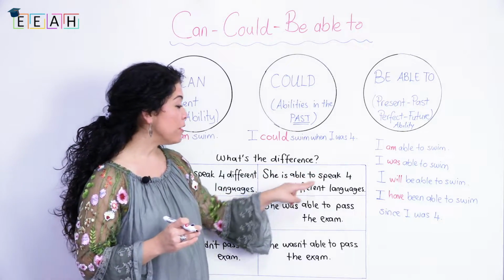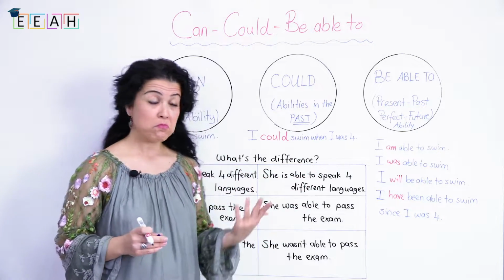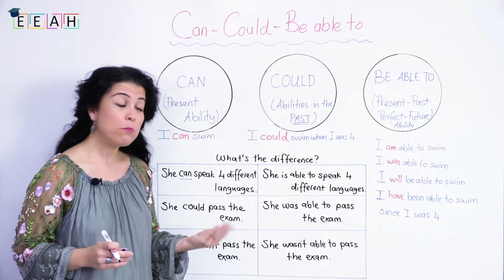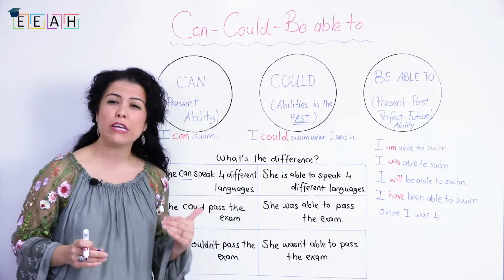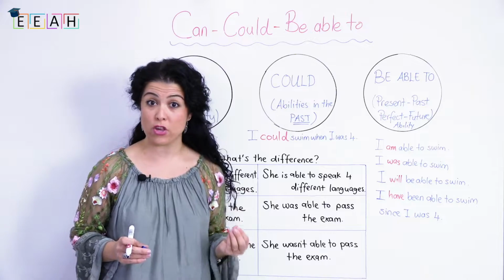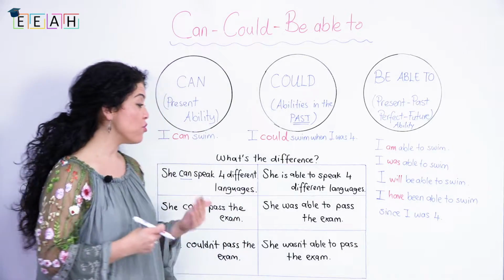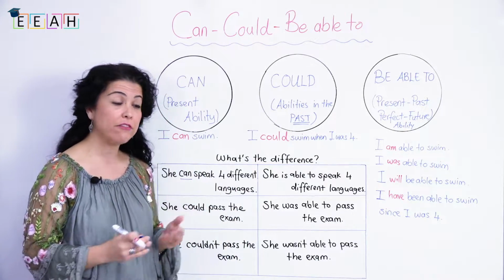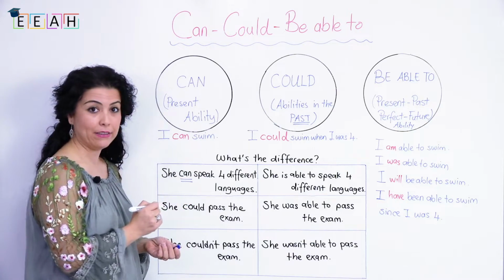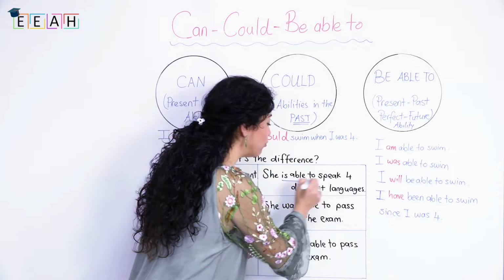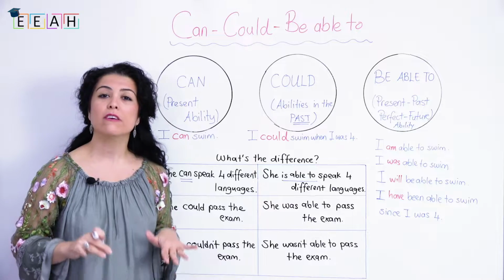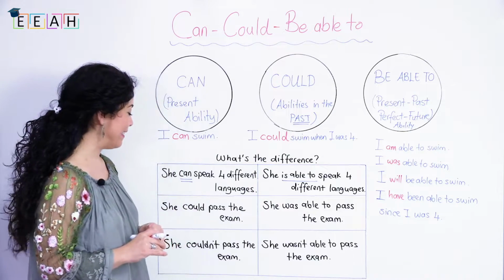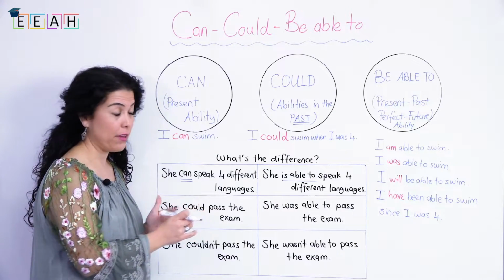She is able to speak 4 different languages is also correct, but this is used usually in more formal situations. If it's a general ability in everyday life, we say can. This is good if you are in a formal situation. Right. So that's the only difference actually about them.